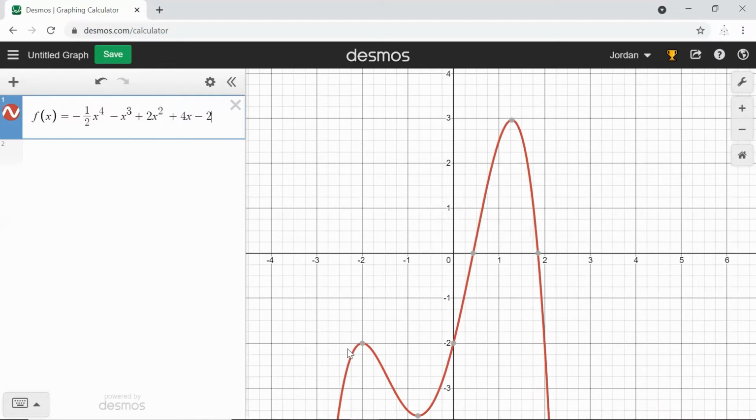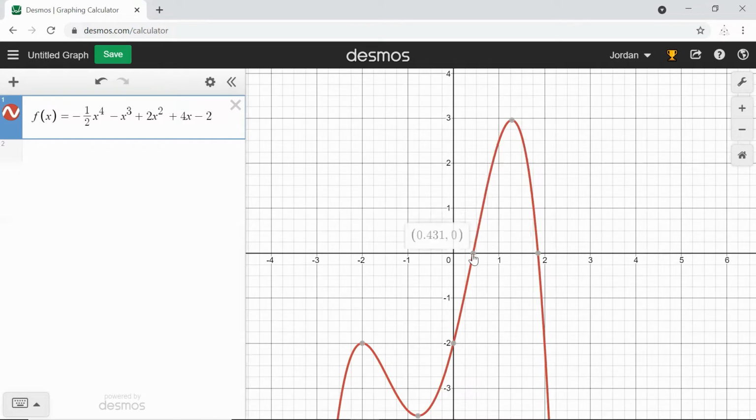The same is true for the point -2, -2. It's larger than all of the points around it. When I say around it, I mean just in its local area. So if I drew a small circle around that point, it would be the highest one.